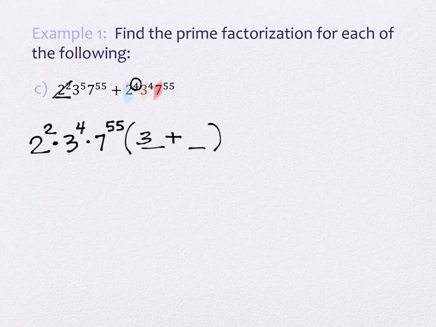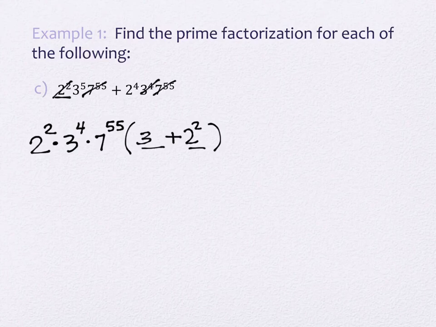So there's no 7s left because I pulled everything out in front. Now let's do the second set. What about the 2s? Were they all pulled out? Nope. There's still 2 left, so there's still a 2 squared here, or you could put 2 times 2 if you wish. How about the 3s? All pulled out. And the 7s? All pulled out.